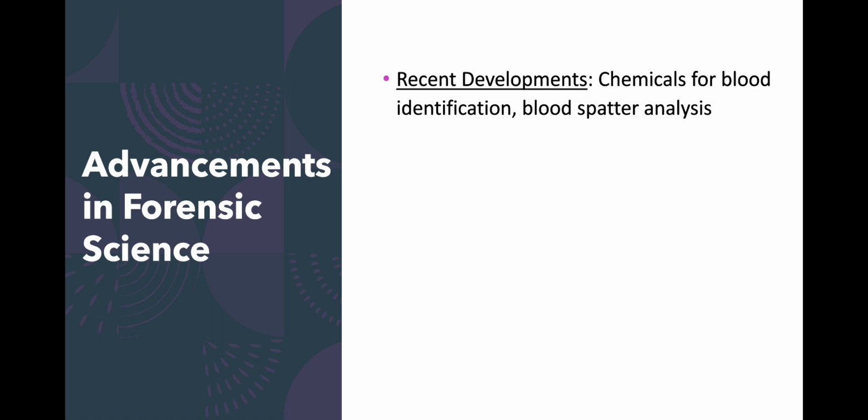Before wrapping up, we want to talk about advancements in forensic science. So forensic science has witnessed pretty significant advancements in recent years that contribute to better accuracy and reliability in investigations. Chemicals like luminol and hemident have been developed to identify blood at crime scenes, even after there have been attempts to clean them.